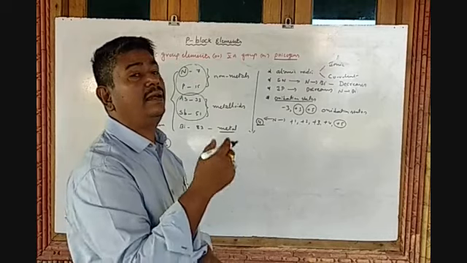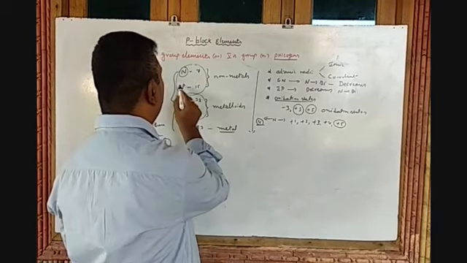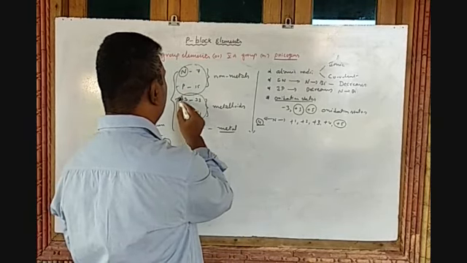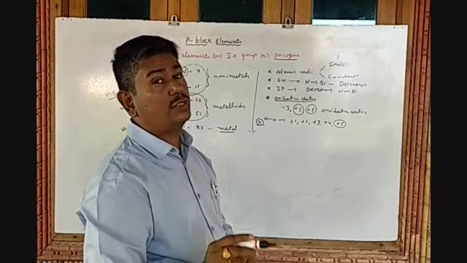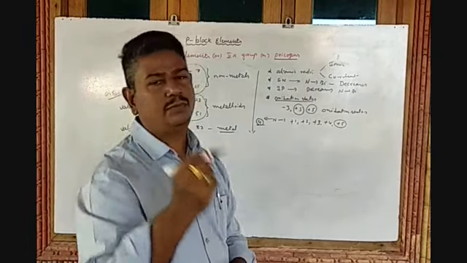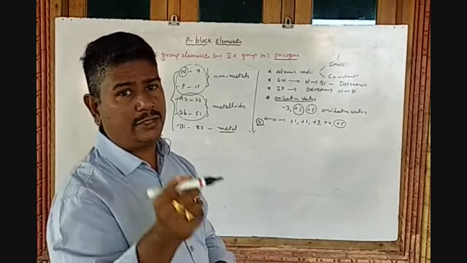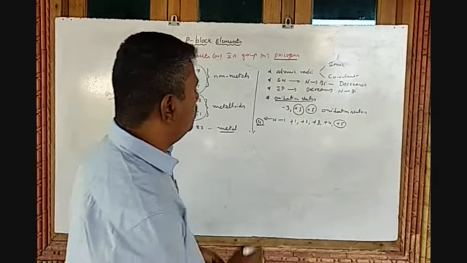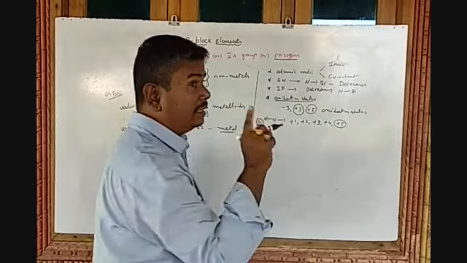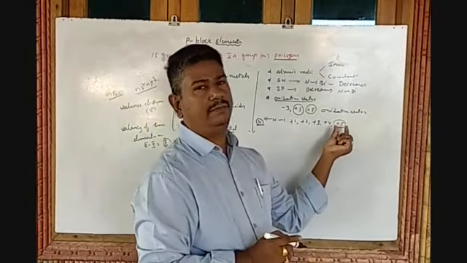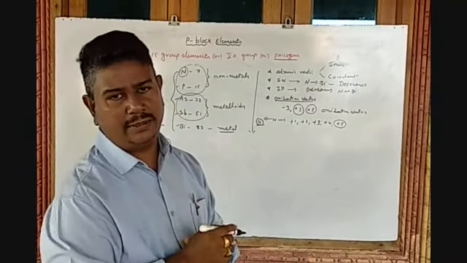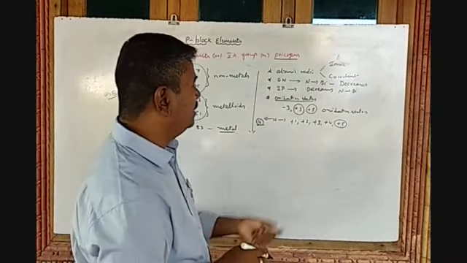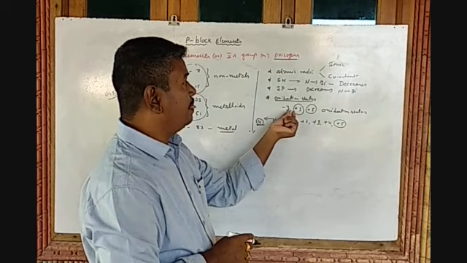Whereas the remaining elements, phosphorus, arsenic, antimony and bismuth, have d orbitals, so their covalency can extend beyond 4. But the nitrogen covalency is restricted to 4 only. The oxidation state will be +5 in its nitrogen oxides. Later we will discuss that.